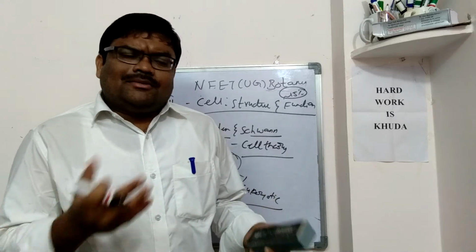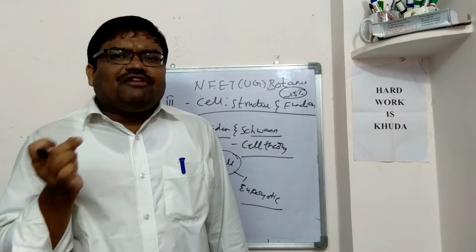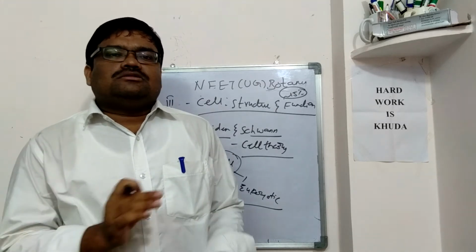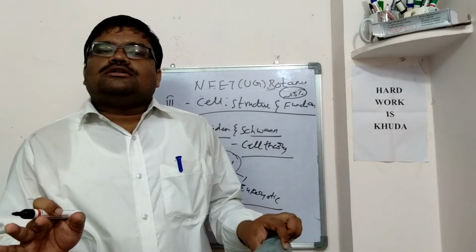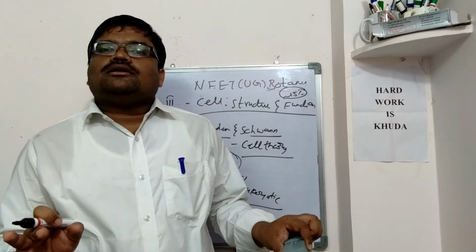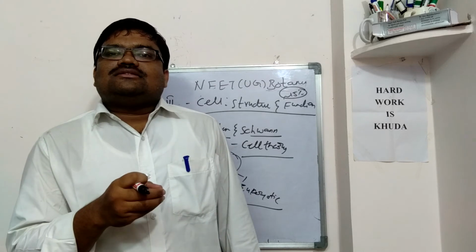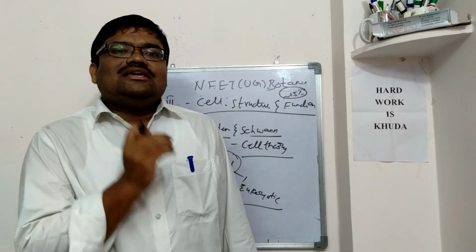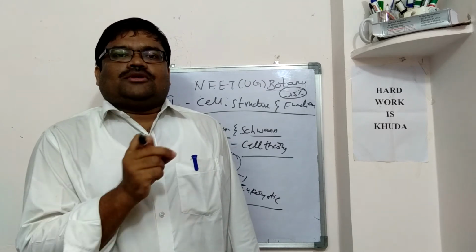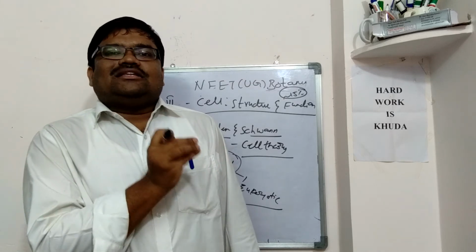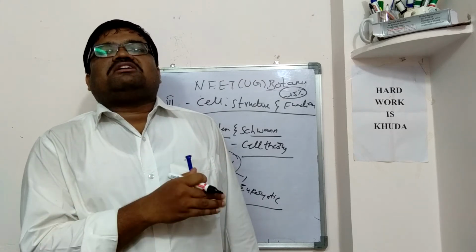What actually is the interpretation of the words well-defined nucleus? That means there is no nuclear envelope, there is no double-layered nuclear membrane, and here the genetic material is considered as a single chromosome or circular chromosome. That means the genomic DNA is nothing but a single chromosome or circular DNA.